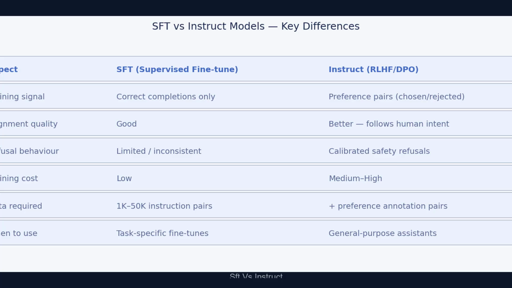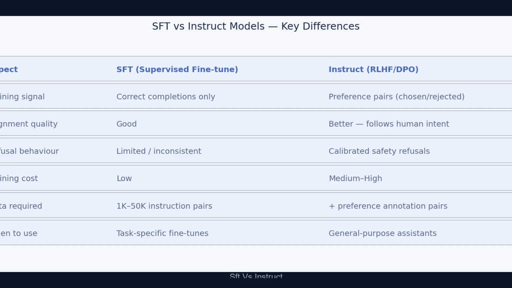The choice between SFT and RLHF-based approaches comes down to resources, requirements, and use case. SFT trains on correct completions. You provide the right answer, the model learns to produce it. It needs between 1,000 and 50,000 instruction pairs, runs at relatively low cost, and works well for task-specific fine-tuning.